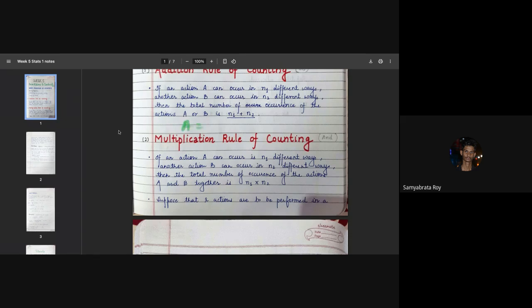Suppose A could be executed in n1 ways, and B could be executed in n2 ways.